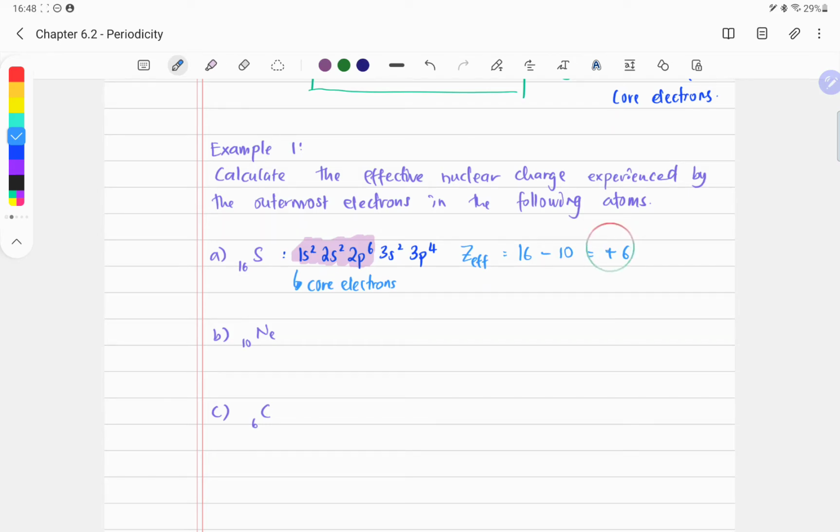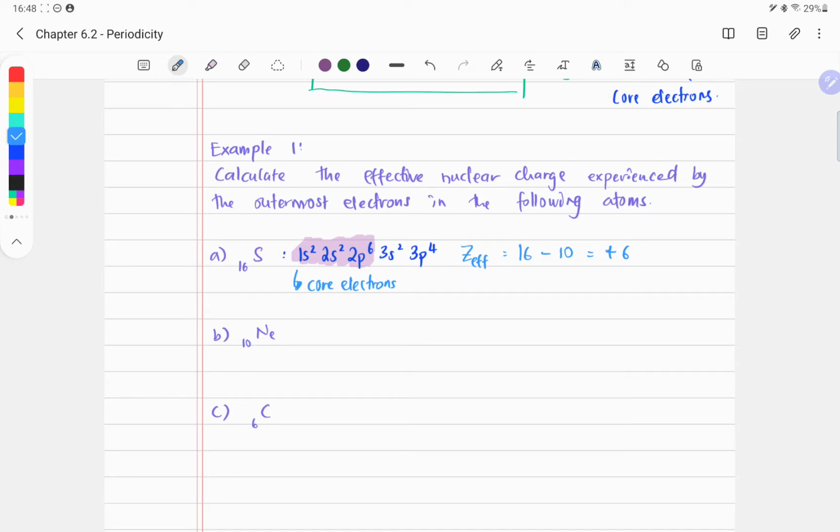Bermaksud dia adalah charge positif lah, sebab dalam nukleus dia ada proton dan proton bercharge positif. So this would be the effective nuclear charge for sulfur.